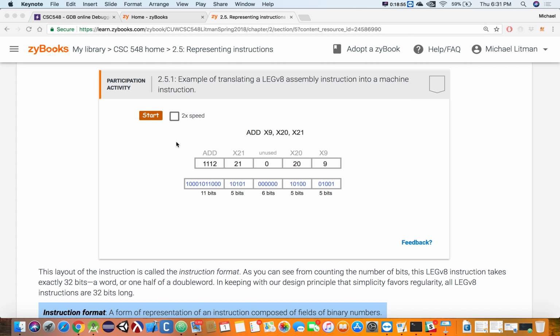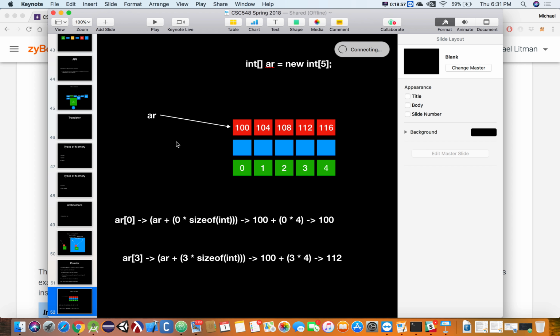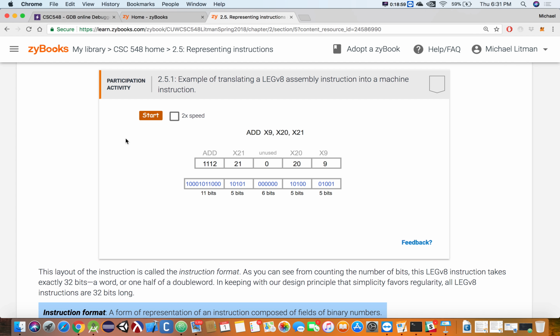Okay, so let's look at this now. We've already talked about this a little bit, but in order to keep the number of instructions down, the book has invented this language called LEGv8, which is a subset of ARM. So we're dealing with a real instruction set here called the ARM instruction set, which is found in a lot of mobile devices.